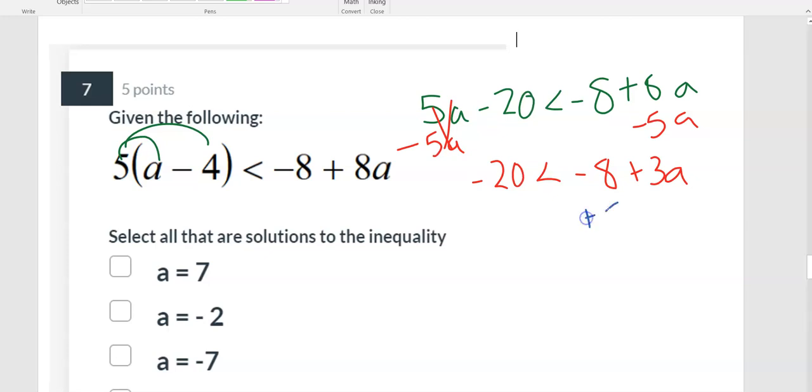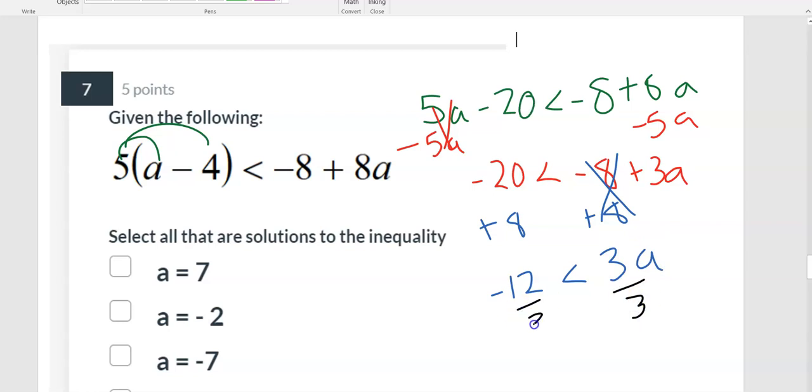Got to get rid of this minus 8 by adding it to both sides, and that's going to give me negative 12 is less than 3a. Then I have to divide by a positive this time, so I'm not flipping anything. So once I get my answer, I now know that a is greater than negative 12 divided by 3, which is negative 4.